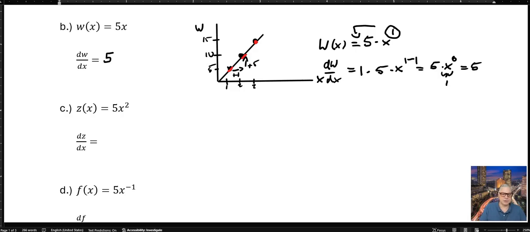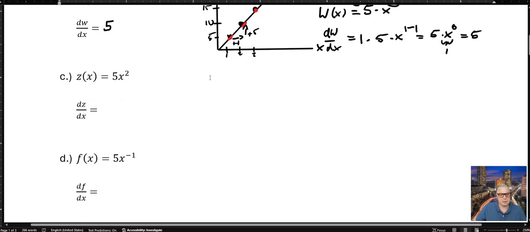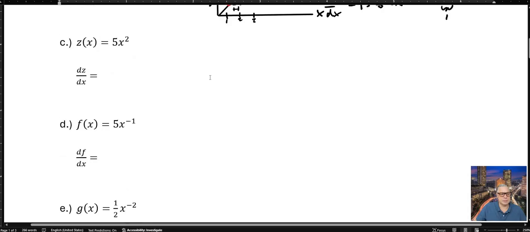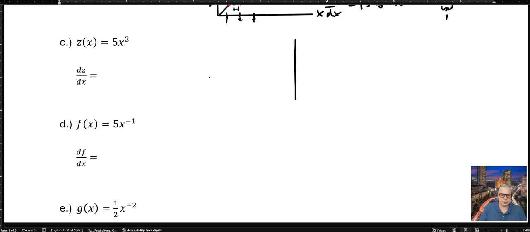Okay, so now we have another function. Okay, let's take this one, z of x. So actually, let's do it this way here. So that would be a parabola. So we have here positive x, and here we have z.